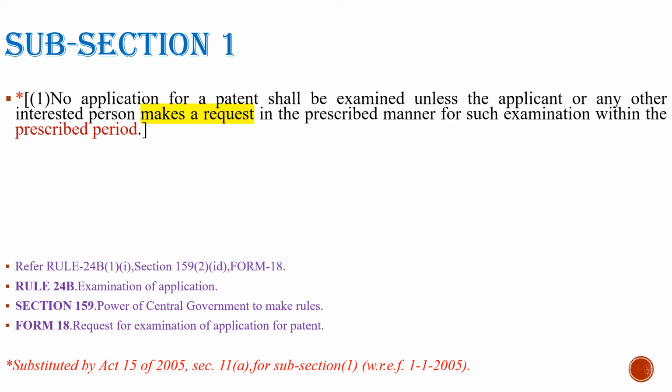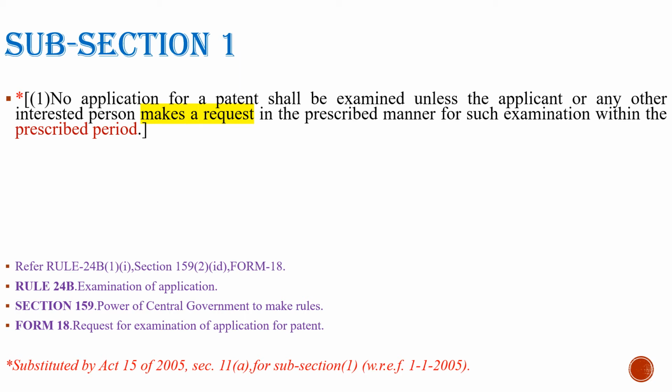Okay, so now let us analyze what it is. In a very simple statement, I can say that subsection 1 says a patent application shall not be examined unless the applicant or any other interested person requests in the prescribed manner for such examination within 48 months from the date of filing or the date of priority, whichever is earlier.